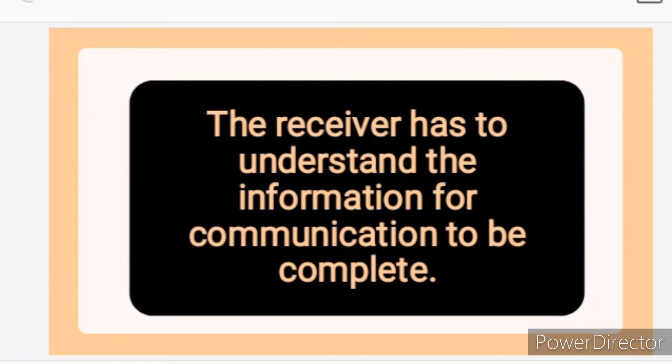That is why in a physical meeting we always ask if you understand what we say, because that is the only way we can know that we have communicated with you. So for communication to be complete, there has to be understanding. The receiver has to understand what is being said.